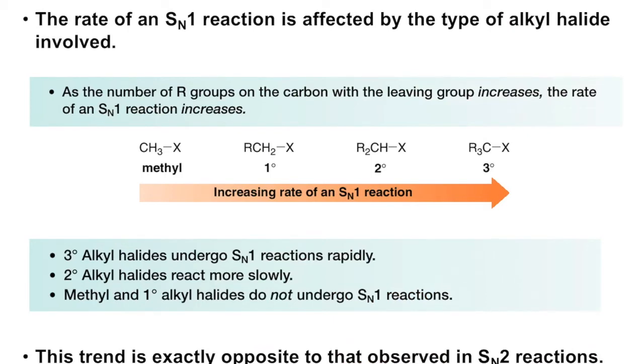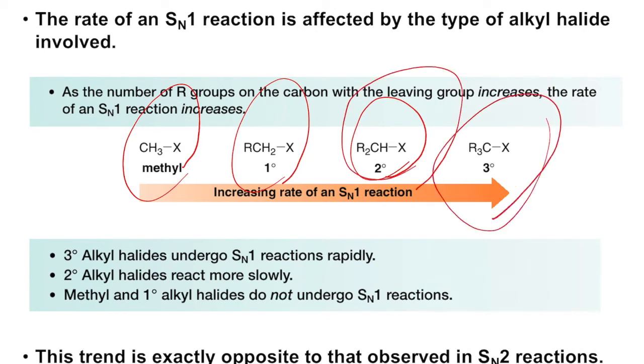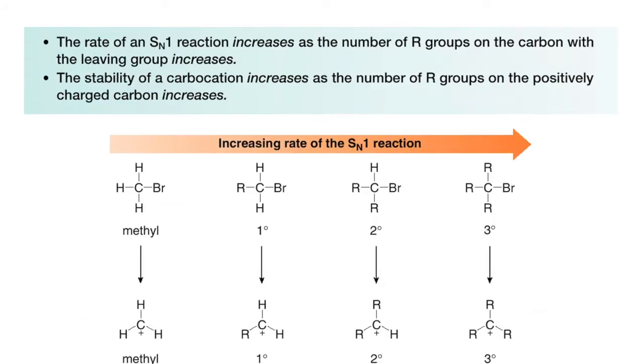Then we are talking about the SN1. Methyl is SN2, primary is SN2, secondary very slow SN2, very fast SN1, tertiary very fast SN1. Opposite to SN2. If you have understood the SN2, SN1 is opposite.